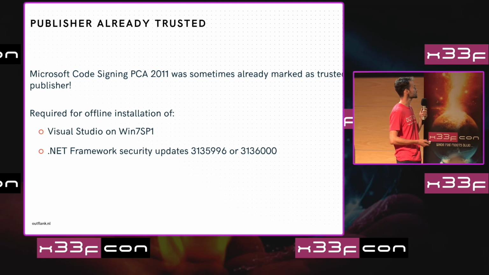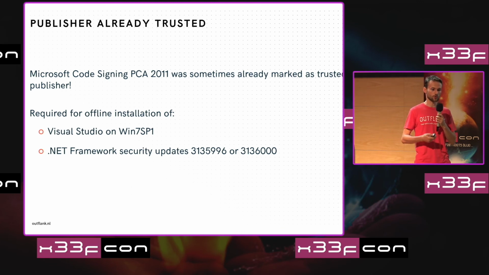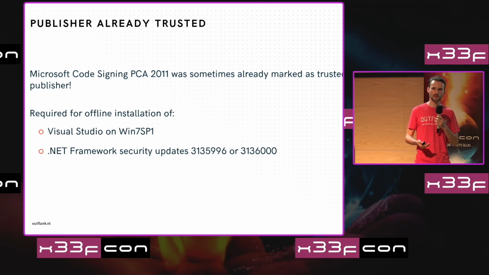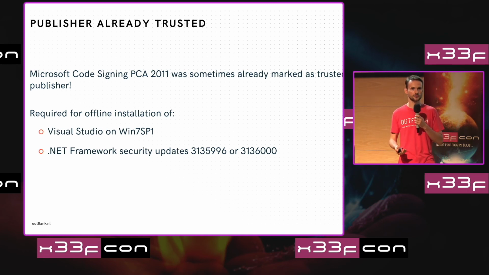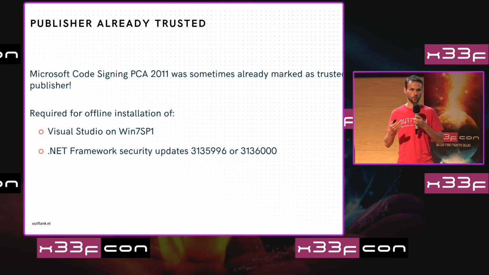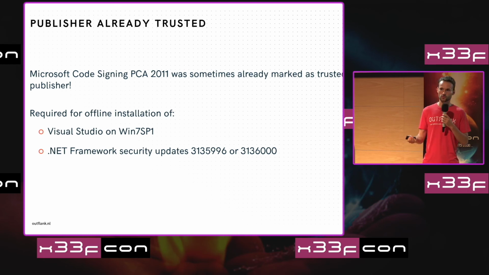special border cases. If you want to install Visual Studio, if you want to do an offline installation of Visual Studio on older operating systems, or if you have some security patches that you want to install offline, then you need to add this certificate to your trust store as well. Though, you only have to add it to your operating system's trust store, not additionally to your Office trust store, and also not on all endpoints, just on the relevant ones.